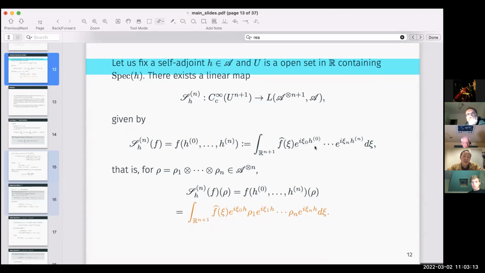Yes, it could be more than one h, no problem. So this is maybe the tip of an iceberg of some shuffling of elements in the associative product.